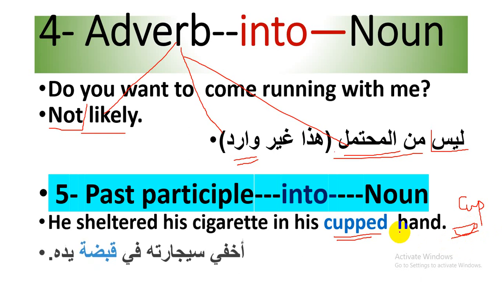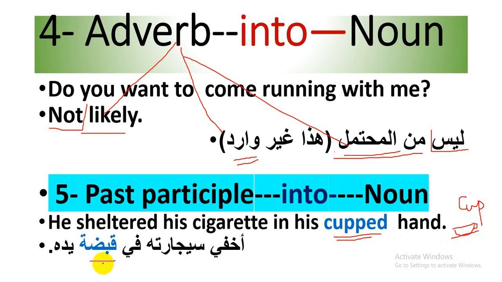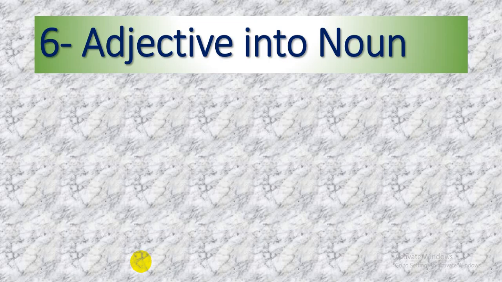So a good translation is this: قبضة يده. Maybe he saw his father coming in his direction or whatsoever, so he أخفى سيجارته في قبضة يديه. So here we changed this past participle, ed adjective, into a noun.